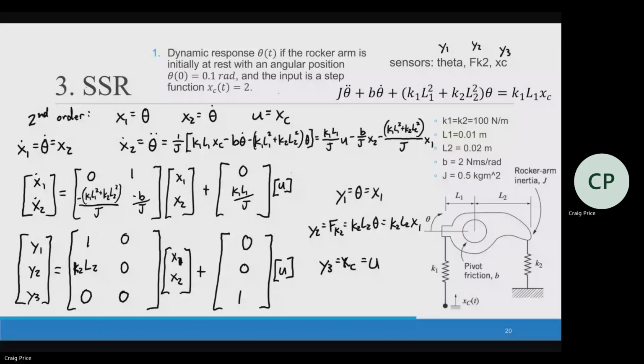Question. We got one last step, then we can take a break. So the last step is up at the top. We want to find the dynamic response. Theta is a function of time. If the rocker arm is initially at rest with an angular position of 0.1 radians, and the input is a step of 2.